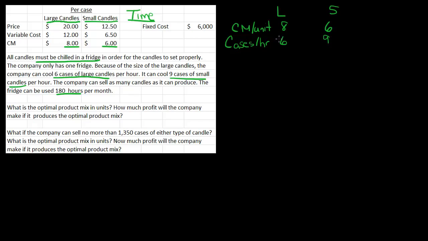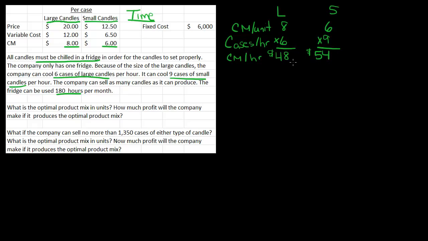So if I take and multiply these numbers together, I get CM per hour. So for large, I get $48 per hour, and for small, I get $54 per hour.